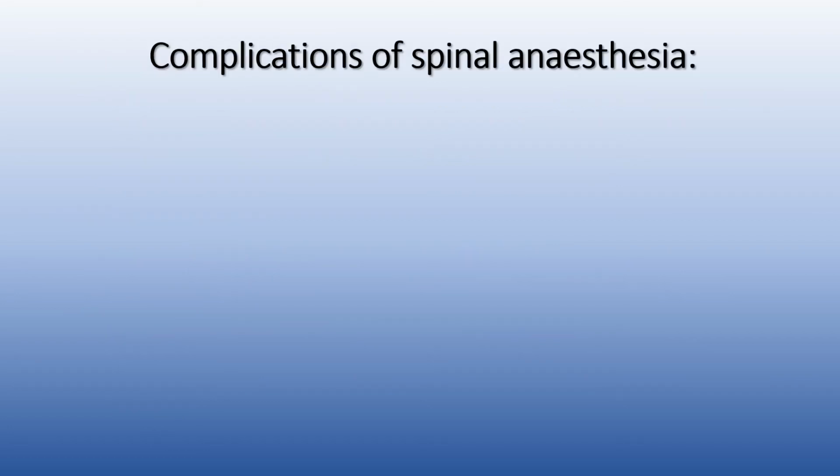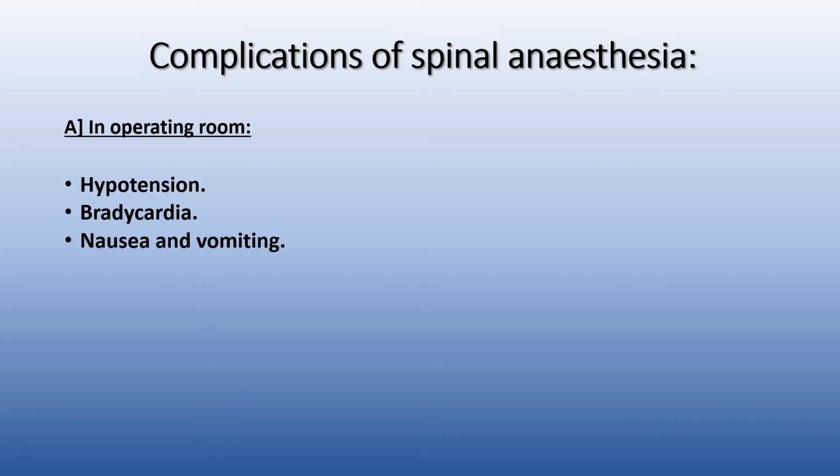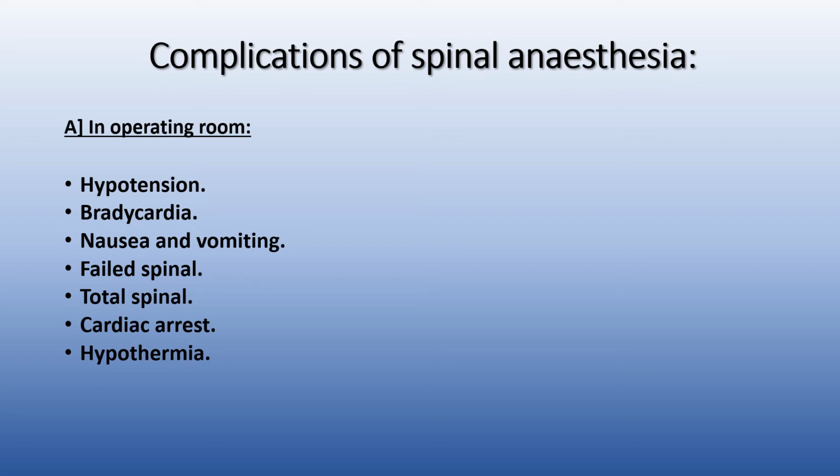Complications of spinal anesthesia. In the operation room: hypotension, bradycardia, nausea and vomiting, failed spinal, total spinal, cardiac arrest, hypothermia, and broken needle or catheter in the case of epidural.